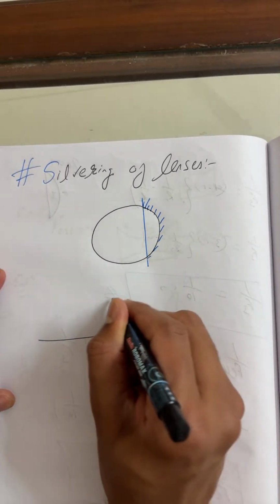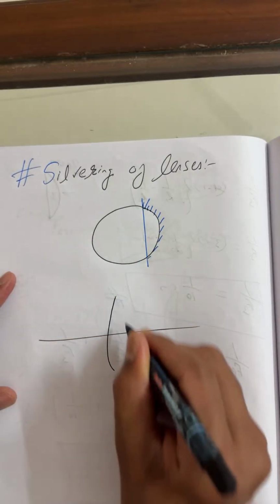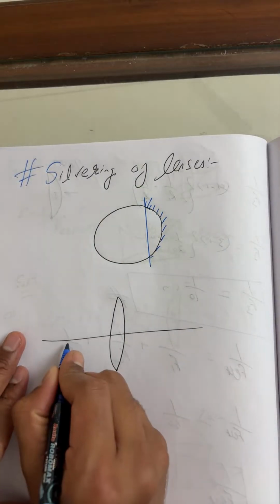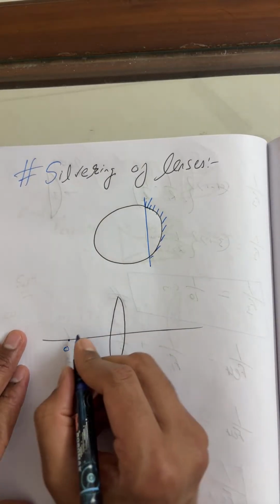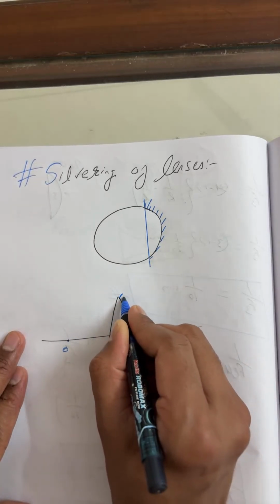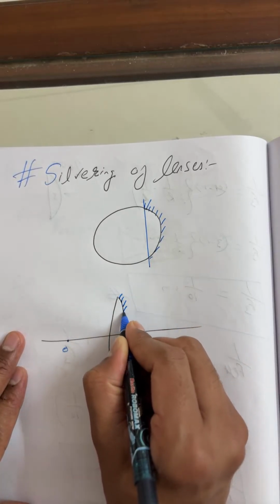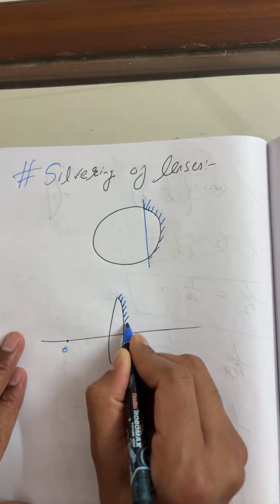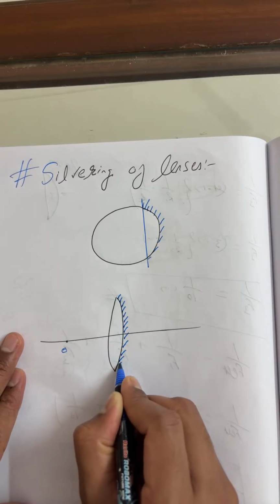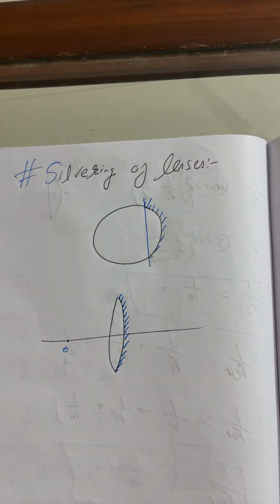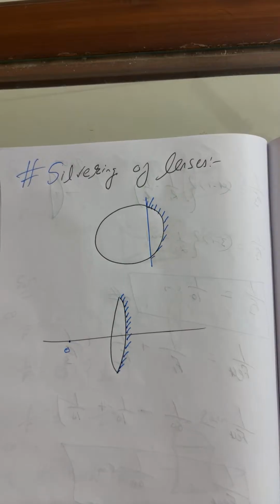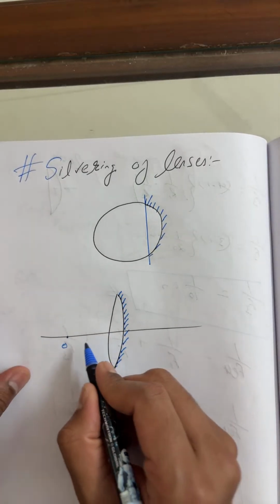Let us say this is a lens right now. So this is the object, my dear. Now I'm going to silver this part of the lens. So after silvering of the lens, the lens will act as a mirror only, my dear. Okay. So this is the object here.